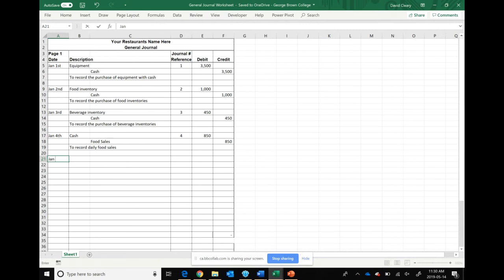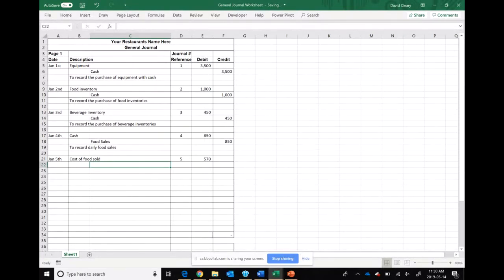So let's say this is January 5th. The account that we're debiting is our cost of food sold, which is an expense account. There we go. This will be our fifth transaction. Our cost of food sold was $570. Now, we must also reflect that our inventory is decreasing, right?